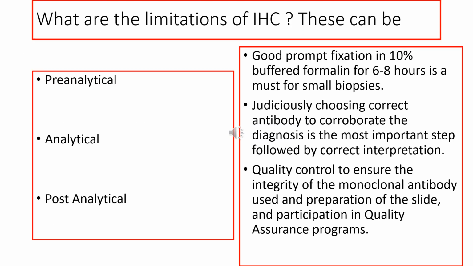So, what are the limitations of IHC? The limitations are pre-analytical, analytical, and post-analytical. By pre-analytical, what we mean is before doing the actual IHC test. So, the most important factor is good and prompt fixation in 10% buffered formalin for 6 to 8 hours is a must. It is essential for small biopsies.